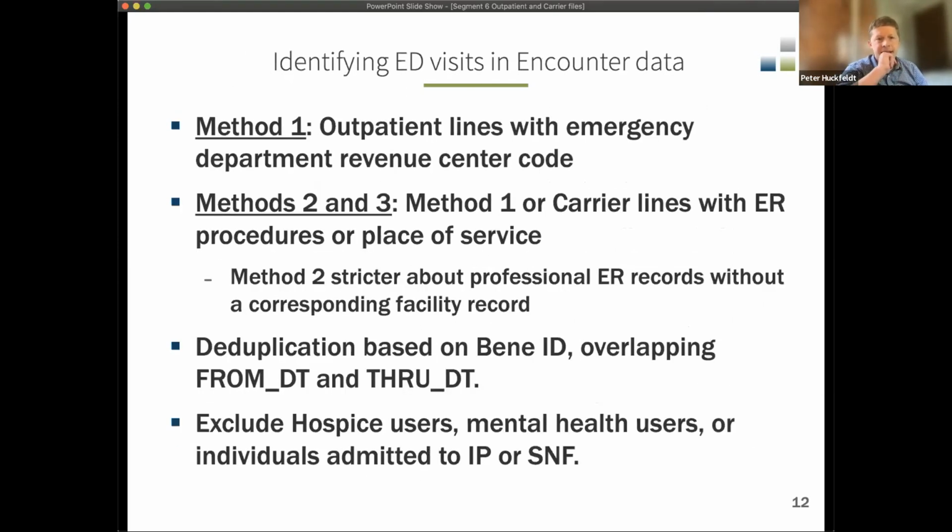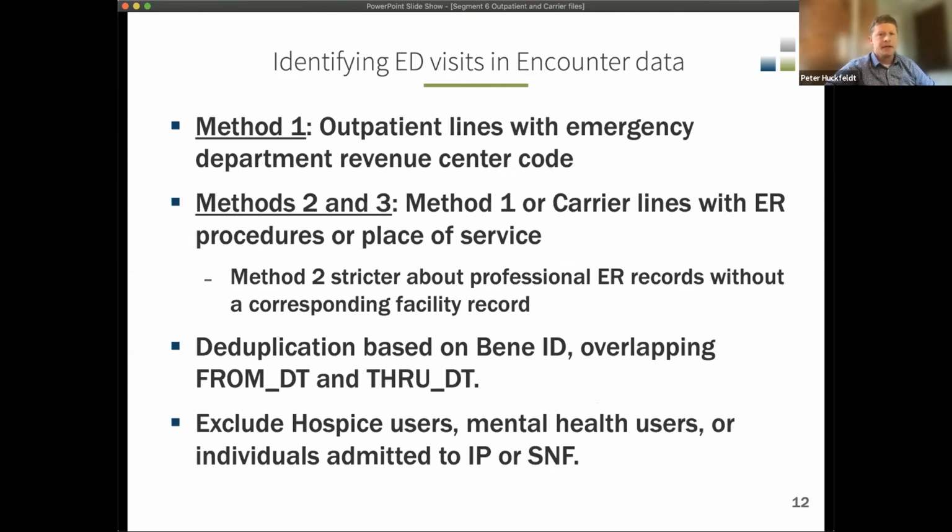And then this is how we identified emergency department visits. So it's sort of a similar process. Our first method was just using the outpatient encounter file, and we identified emergency department revenue center codes.